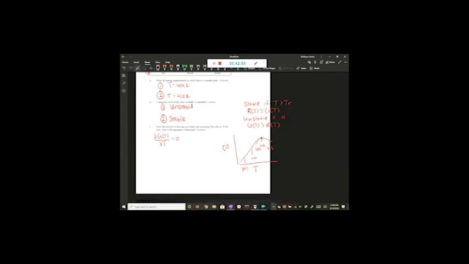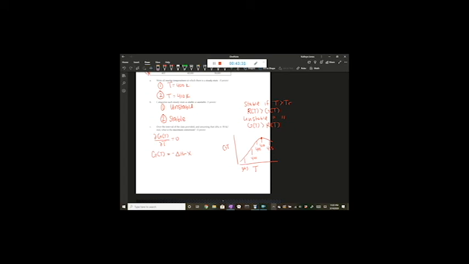Now from the class 13 slides, we define G of T as negative delta HR times X. At this point, we're able to find X by looking at the heat generated compared to the heat of reaction.